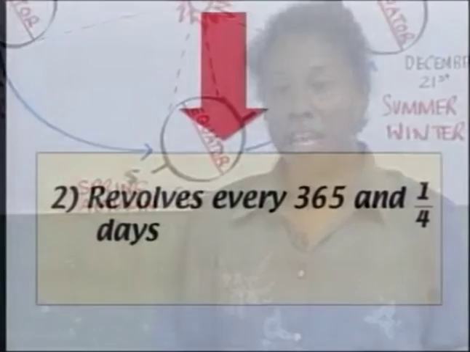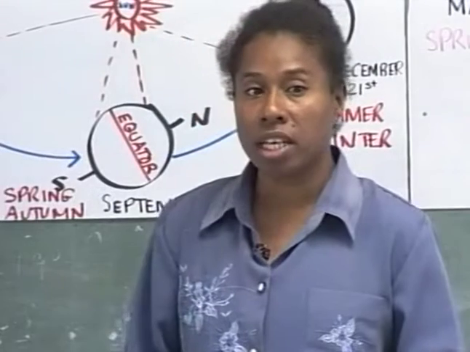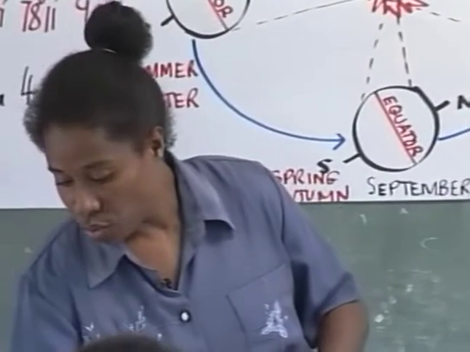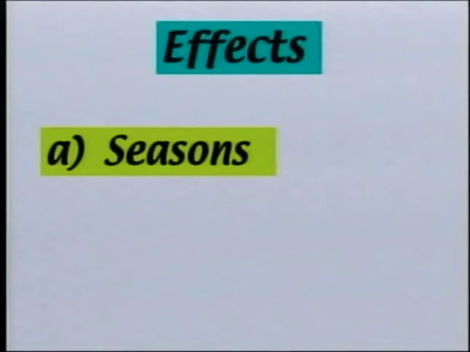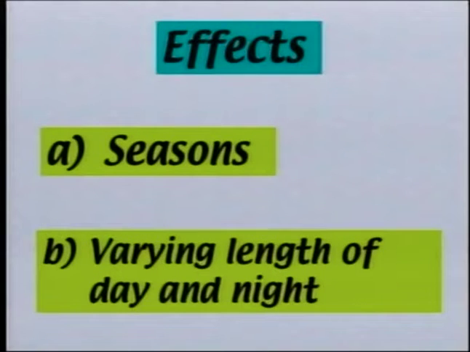As explained earlier on, the earth revolves every 365.25 days around the sun. The orbital path of the earth around the sun also contributes to two very important effects. And those two effects are, one, the seasons, especially noted in the temperate regions of the world, and two, the varying length of day and night.